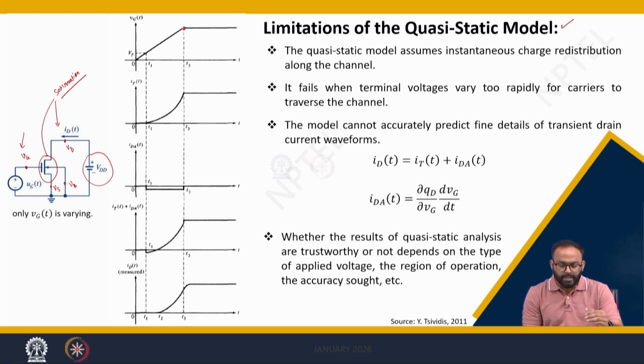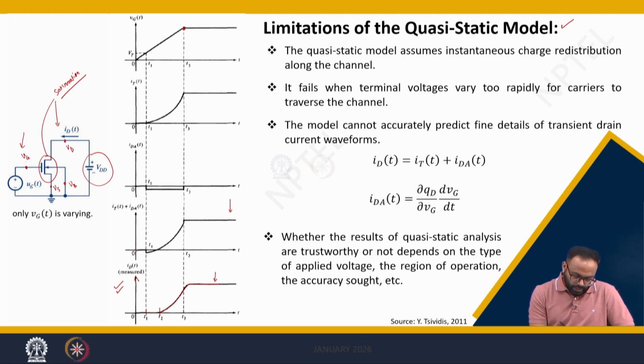Now compare the graphs and let's see what limitation we actually get when we derive a model compared to experimental data. This is the experimental data, the last graph, which shows that when we measure ID, it starts after T2, smoothly goes up and ultimately reaches its steady state. This graph is obtained by our model.